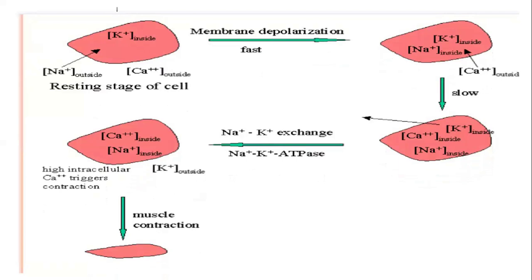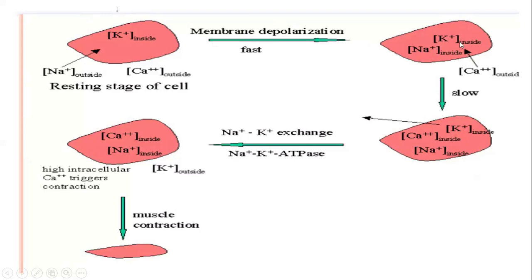Sodium as well as calcium should be present outside of the cell, and potassium inside the cell membrane, otherwise membrane depolarization occurs. That is an exchange of sodium and potassium. For that purpose, the sodium potassium ATPase pump provides energy.